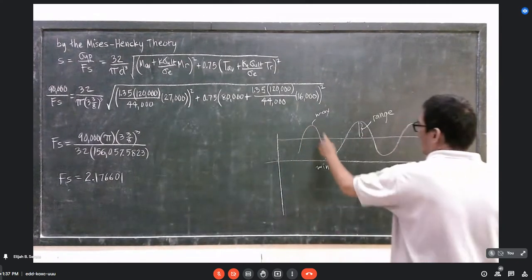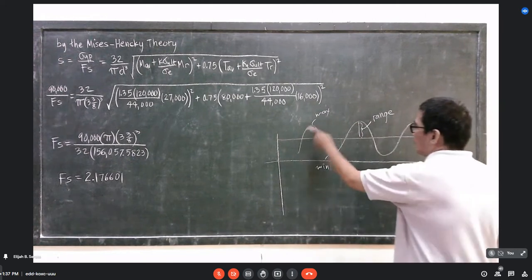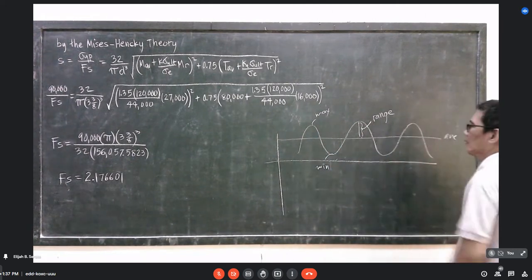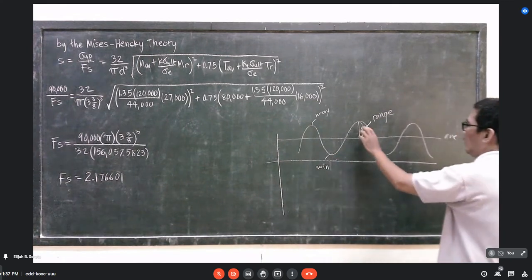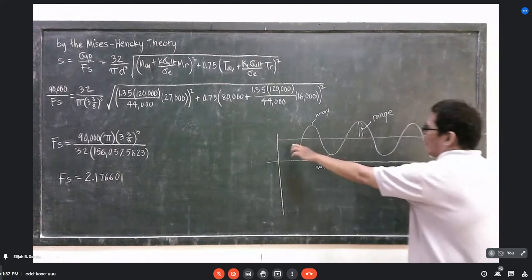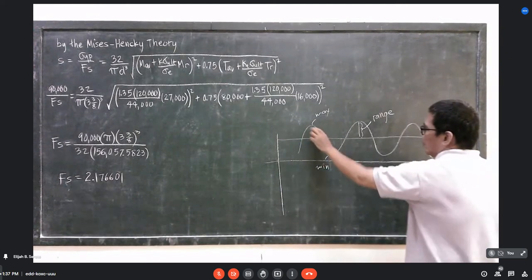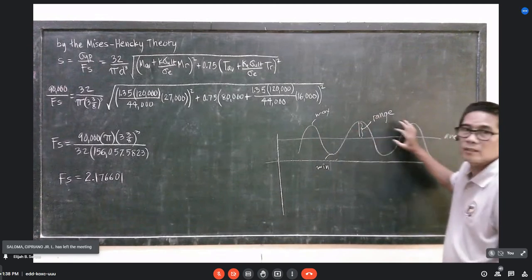If these are your values of stress, moments or torque, then your maximum is here, your minimum is here. From that, you get your average in the middle, and this fluctuation is your range.